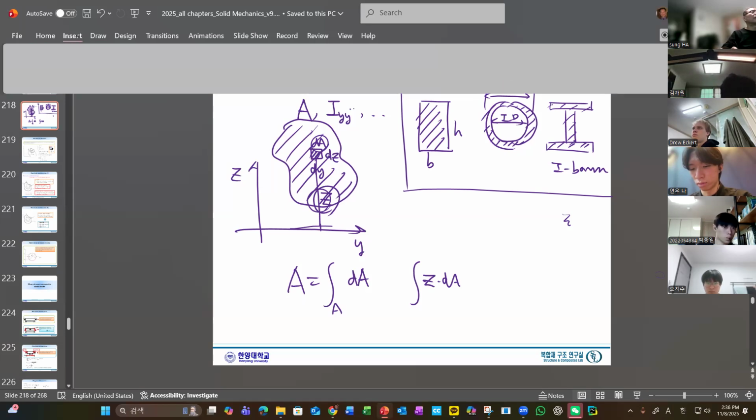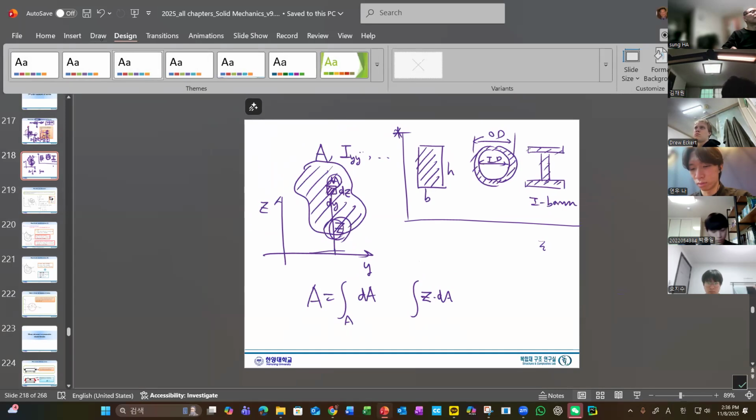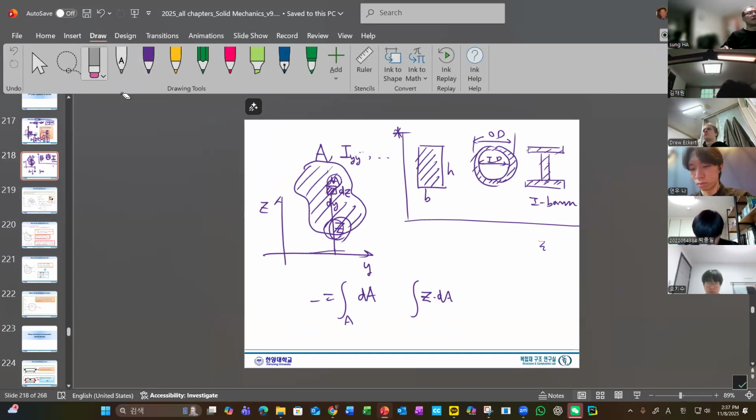Sorry, I'm going to try to delete this one. Okay. And another property can be, when we integrate this dA, we can generalize the concept as z squared. Squared means that now this weighting factor, when we integrate, we can multiply by z squared.